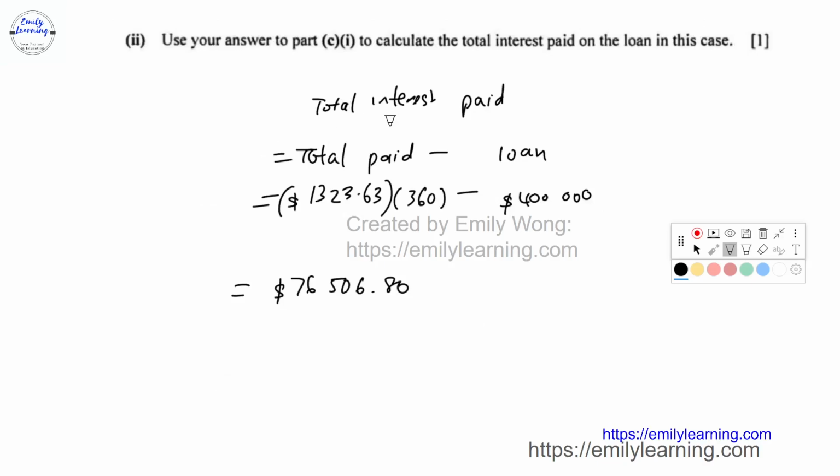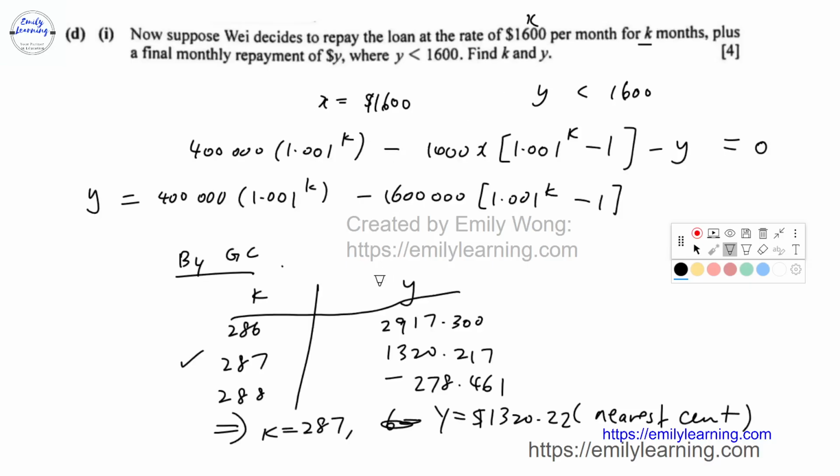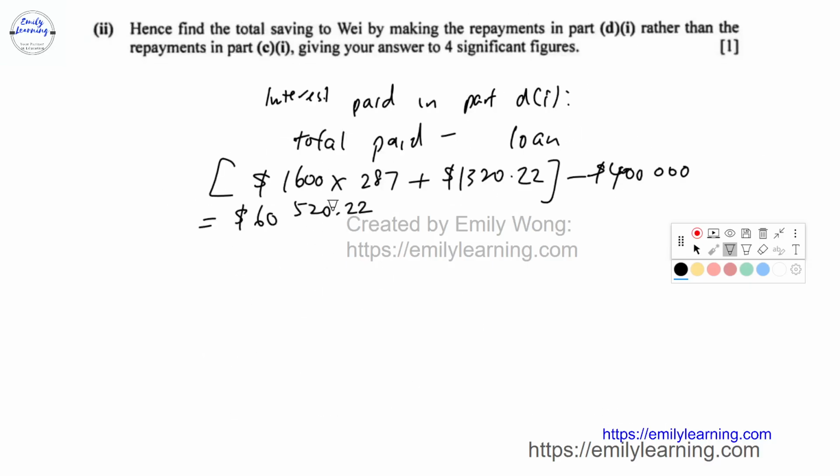So we know that the interest paid in C part 1 is $76,506.80. Okay, so now he only paid an interest of $60,520.22. So he actually saved this amount, right? So you just subtract them.